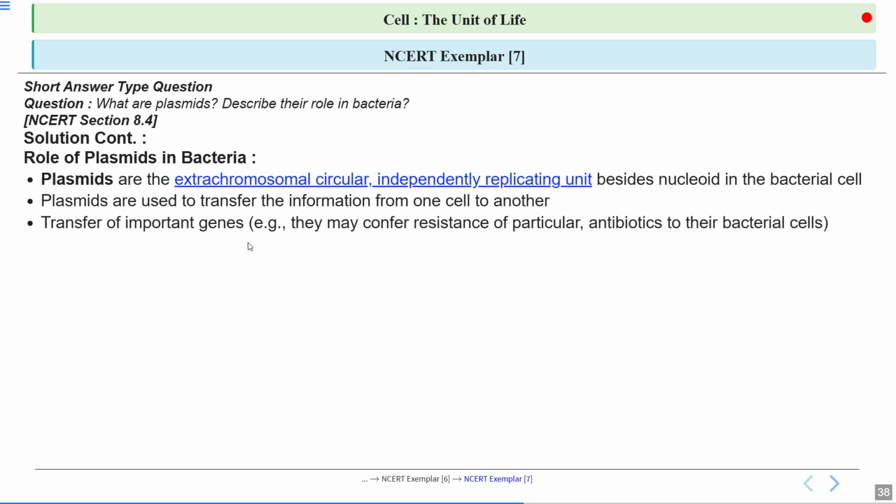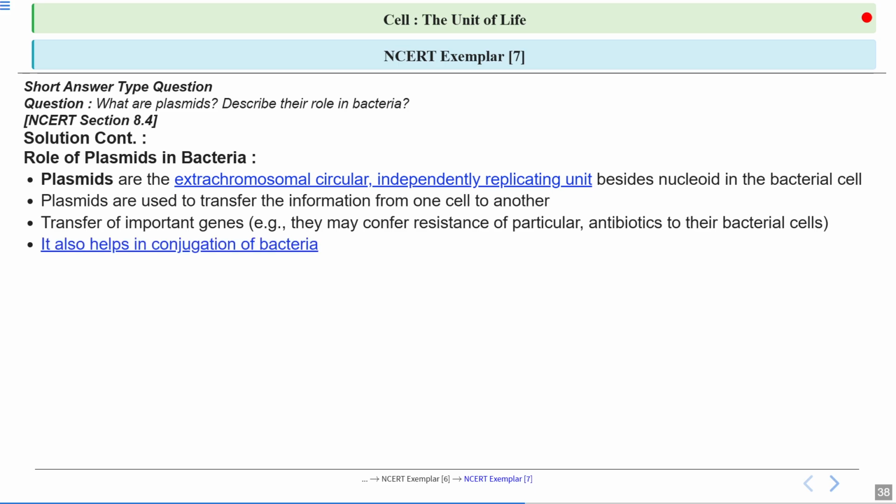So they transfer important genes, they may confer resistance. We see that the bacteria have resistance against antibiotics. So those resistance genes are present on this plasmid only. So this plasmid is very, very important.